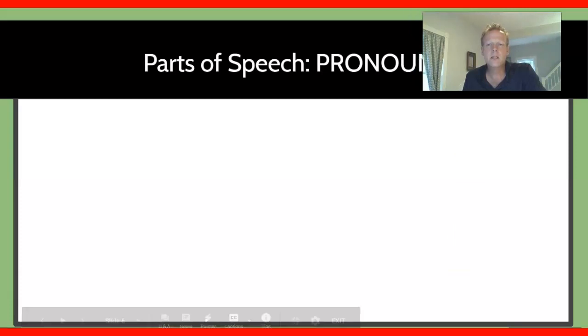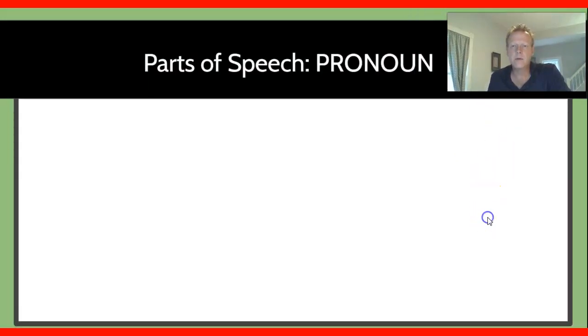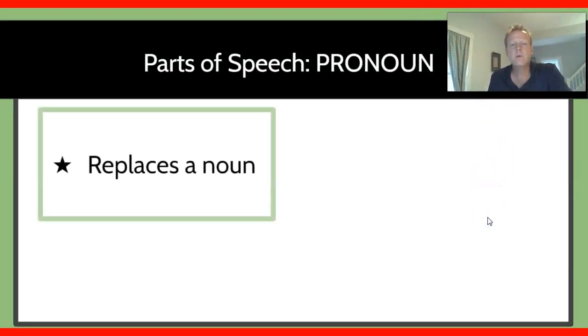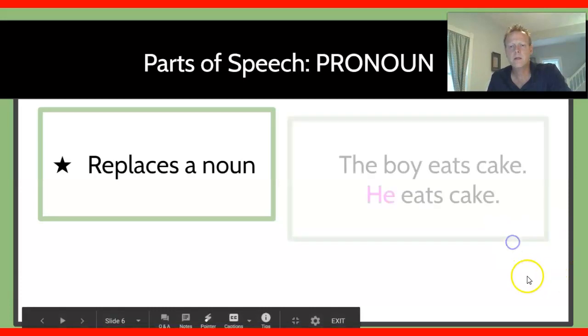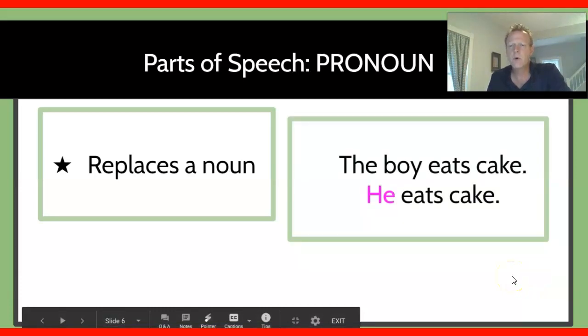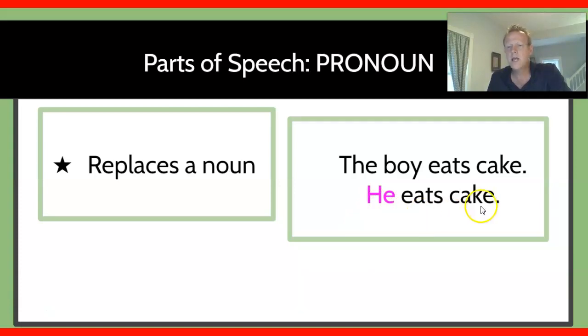Let's take a look at pronouns. It replaces a noun, or it refers to a noun. The boy eats cake. He eats cake. He refers to the boy. So he is a pronoun.